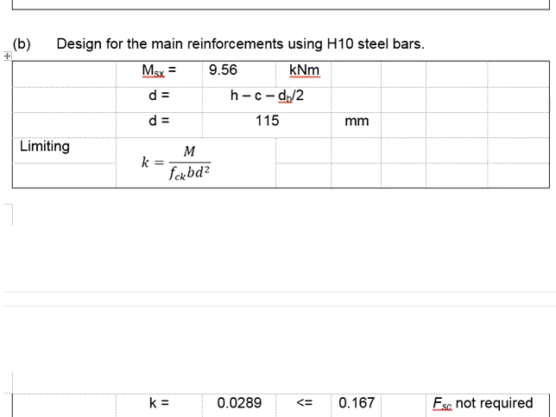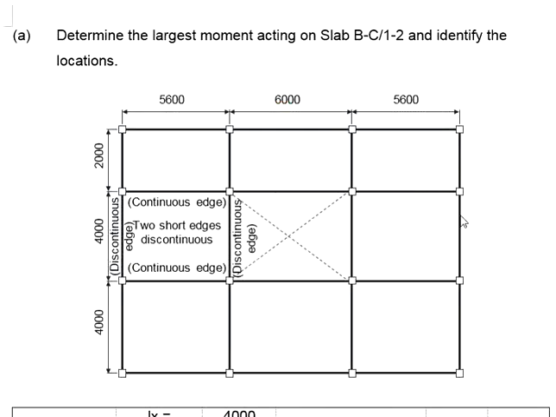There are dx and dy, representing the effective depth in the shorter span and the longer span. For a typical slab, the more critical direction is the shorter span.